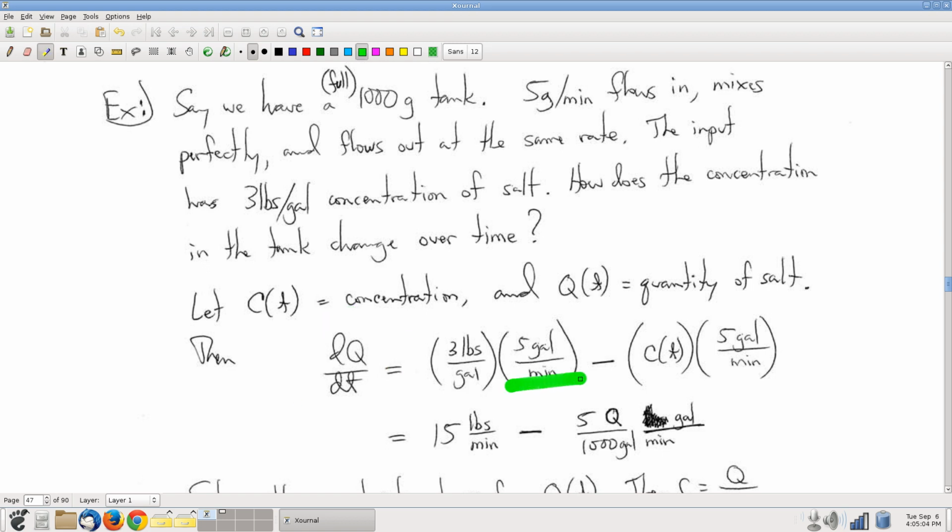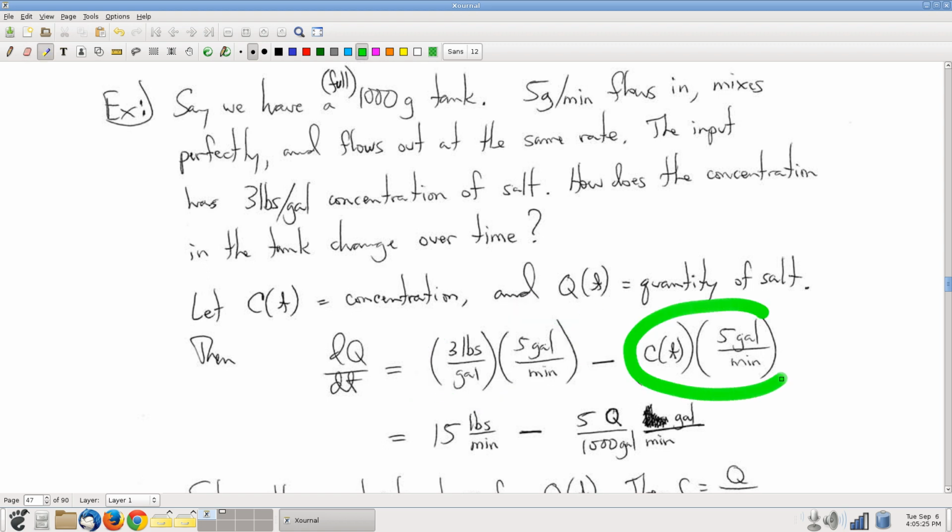Well, here's how much water is going in. This is the rate of change of the volume of water that's going in, and this is the concentration. So this product then is the contribution of salt from the water that's flowing in.